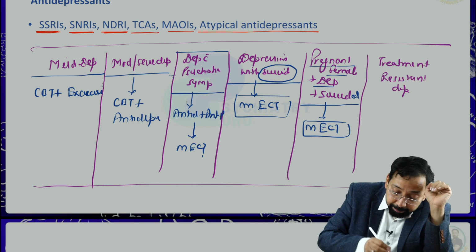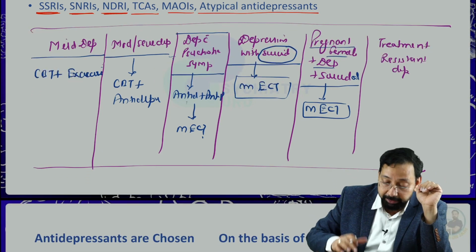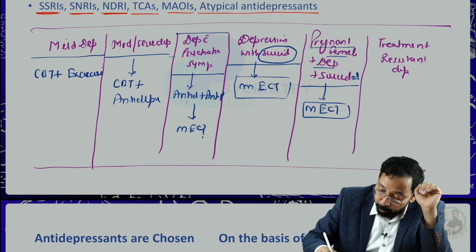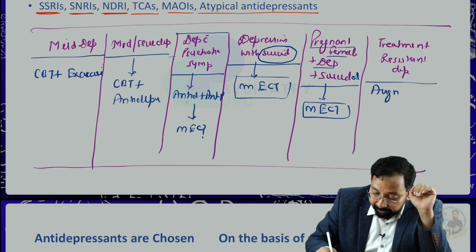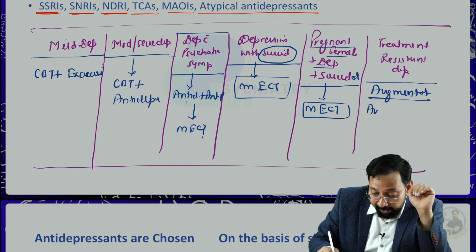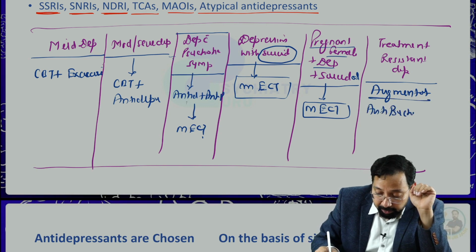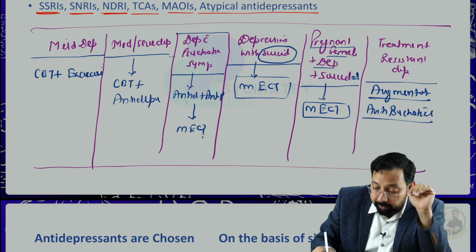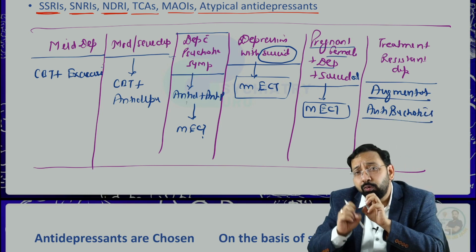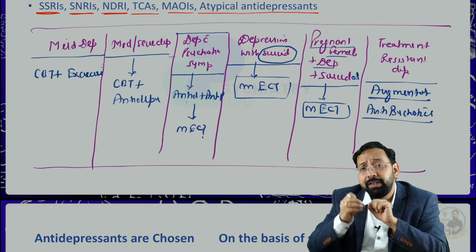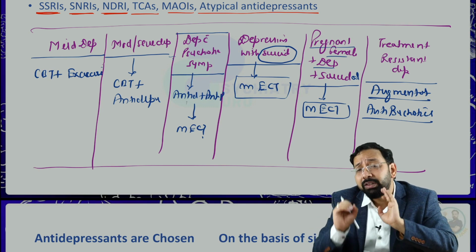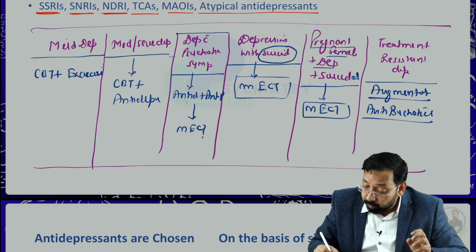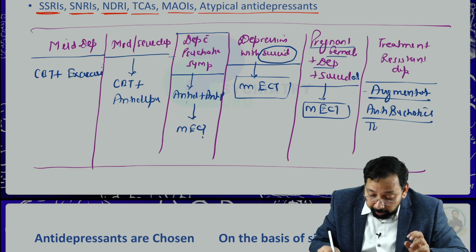Treatment resistant depression. In treatment resistant depression, what we do, we may try augmentation with antipsychotics, which means we add a small dose of another drug, like an antipsychotic, to the antidepressant, and we found these patients improve. So augmentation: antipsychotic, thyroid hormone.